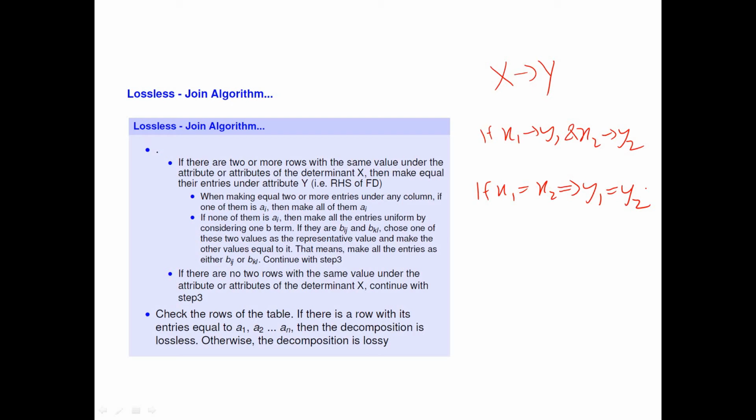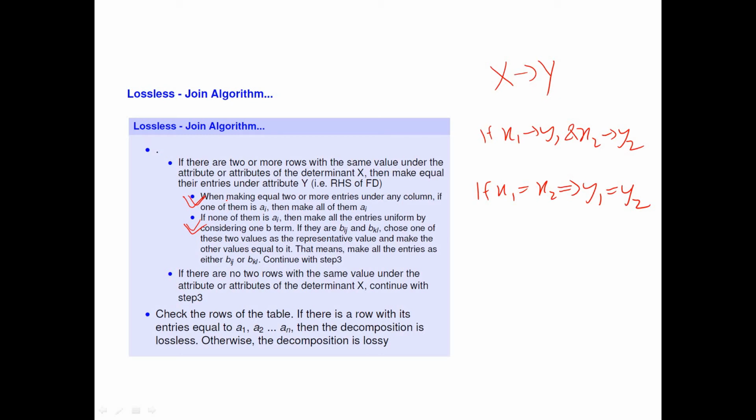If for the same x I am not finding the same y, I have to make them the same y. How to do it? If one of the y's is a and the other is b, I have to convert the b into the ai. If both are bij and bkj like that, I have to convert them into a single bij or bkj.